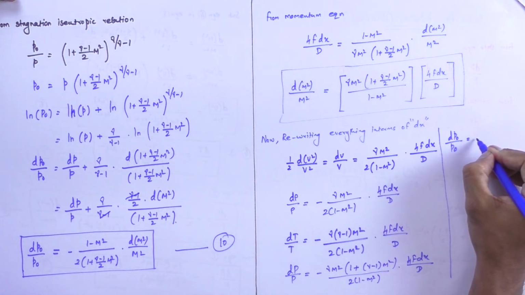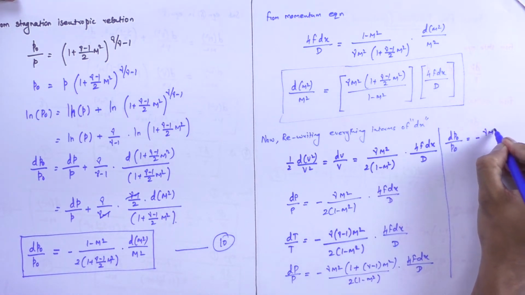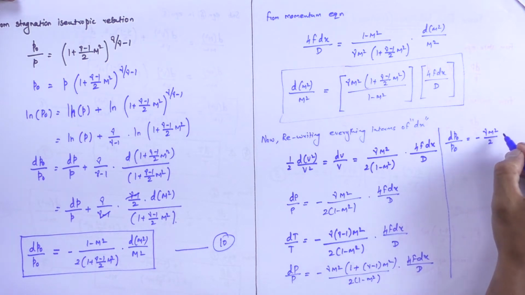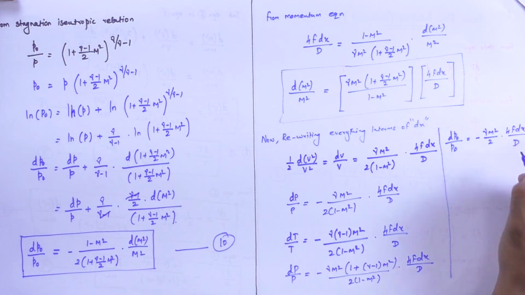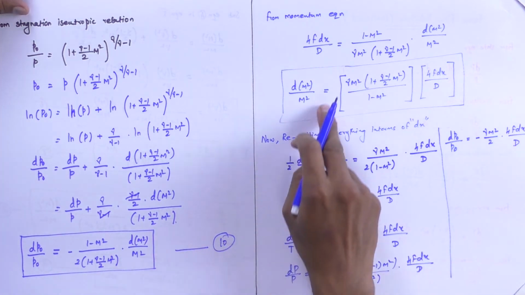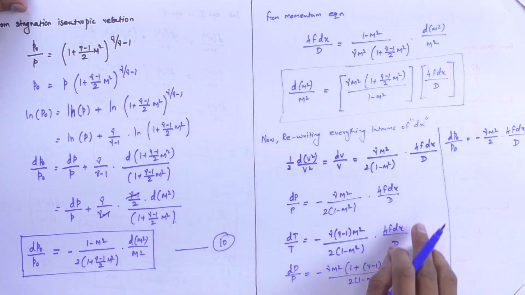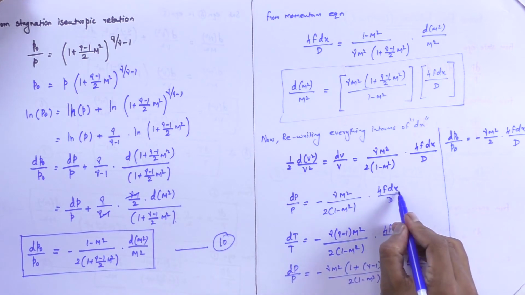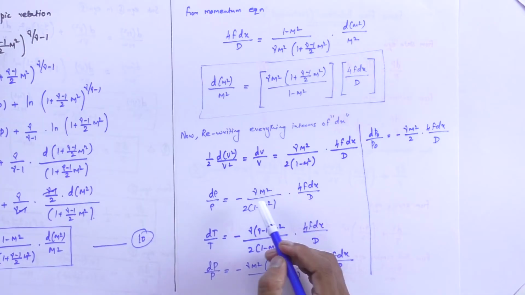So, that is also to be represented as a function of dx variation, 4f dx divided by D. Now, all these four properties' variations are a function of dx and f.